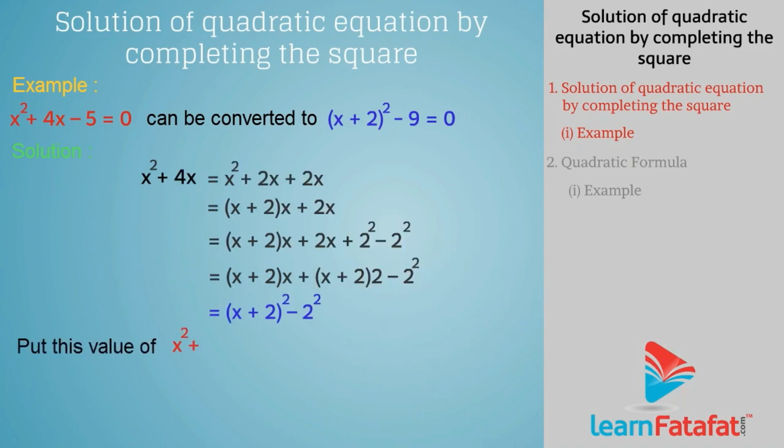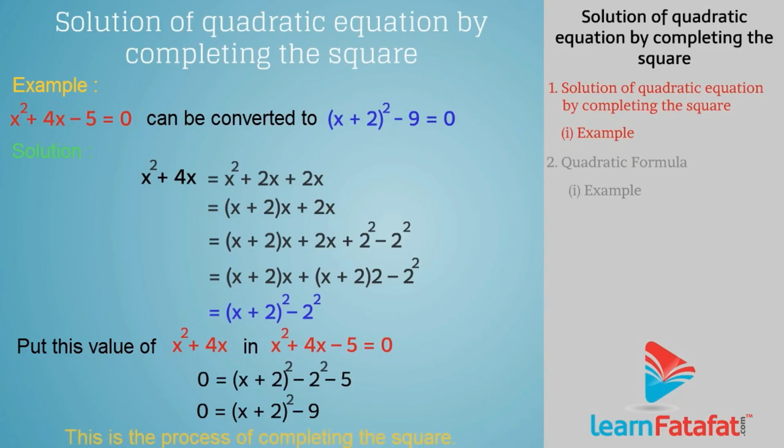Put this value of x square plus 4x in x square plus 4x minus 5 is equal to 0. We get x plus 2 bracket square minus 9 is equal to 0.